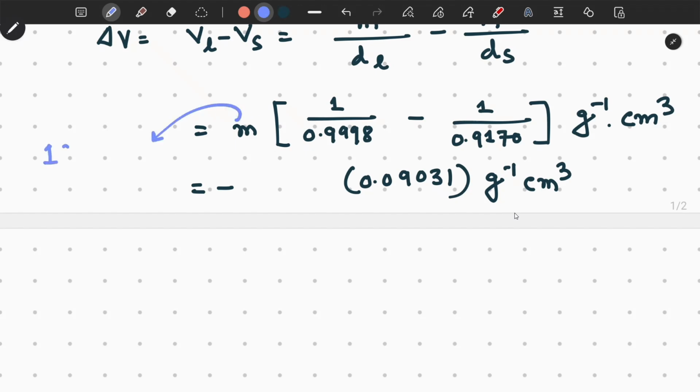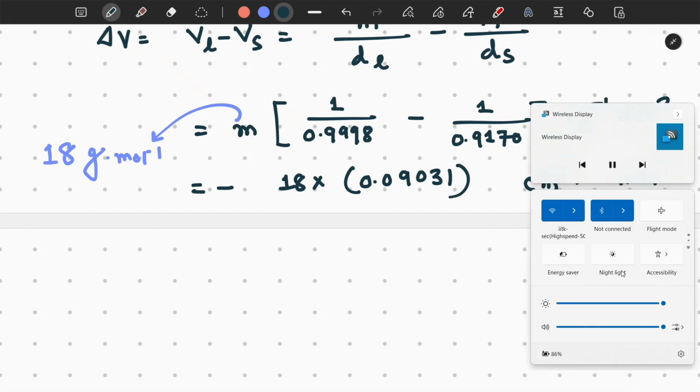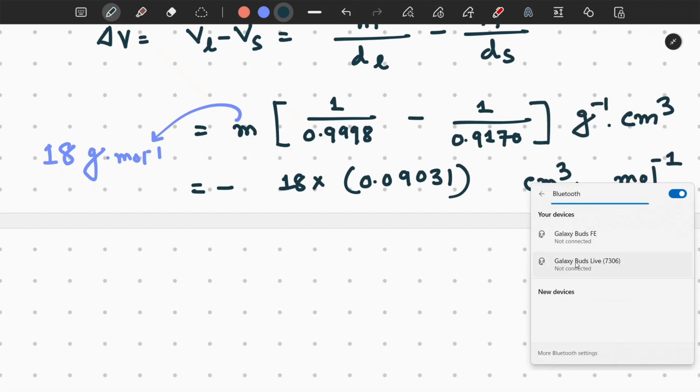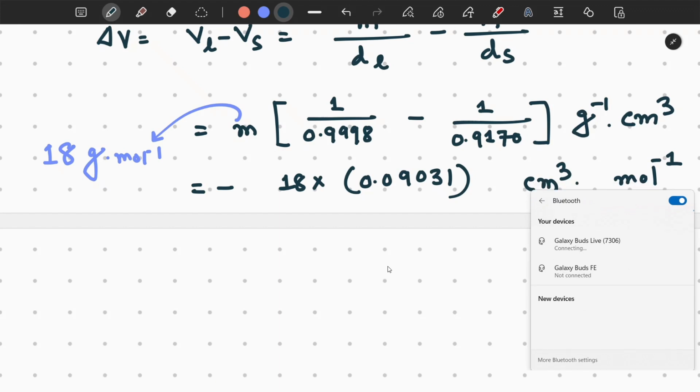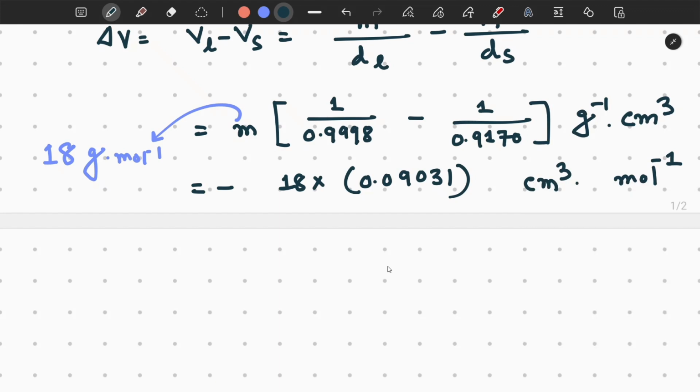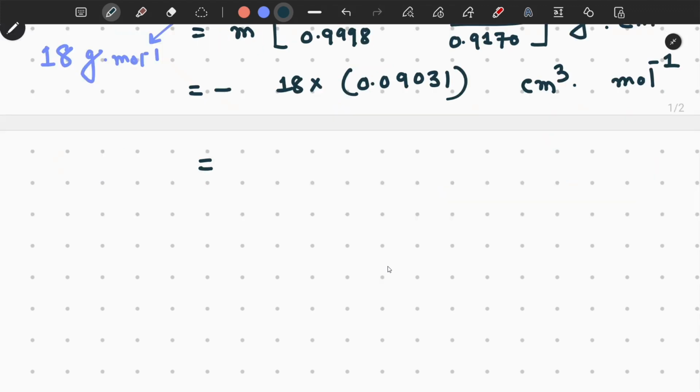M is 18 gram per mole, for water. So it will be 18 gram per mole, so gram will be cancelled out. So it will be the unit. This is the unit of volume, molar volume. Okay, is it correct? Yes, I think it's correct. Minus 1.6256. Perfect, it's matching.